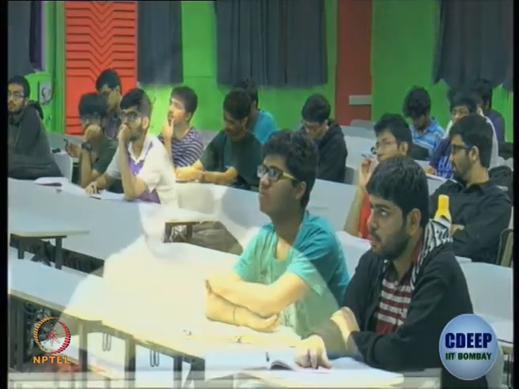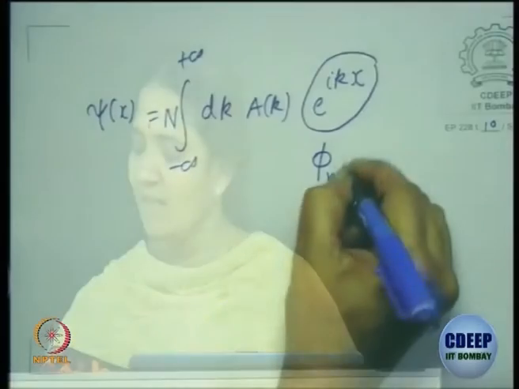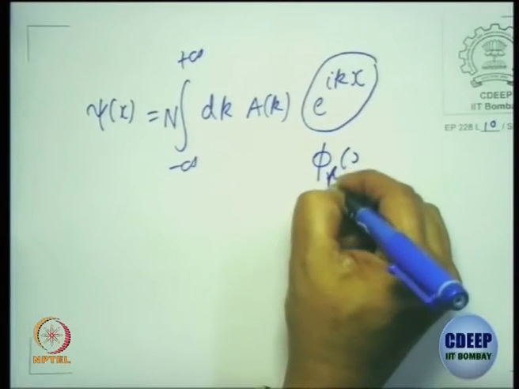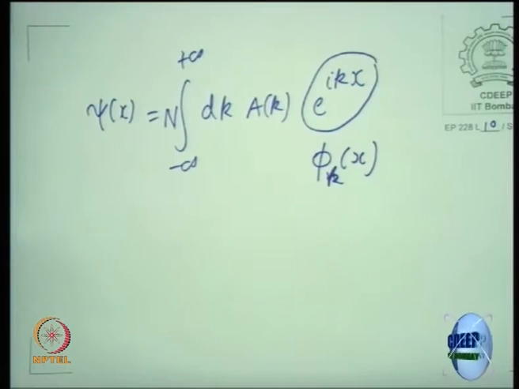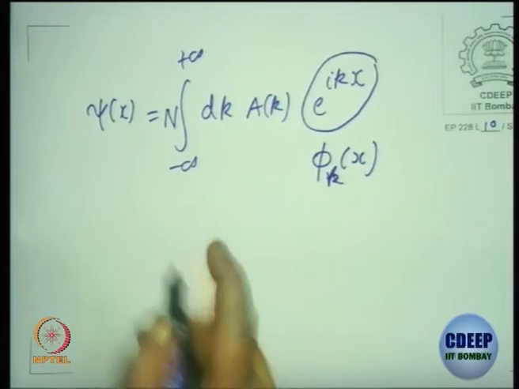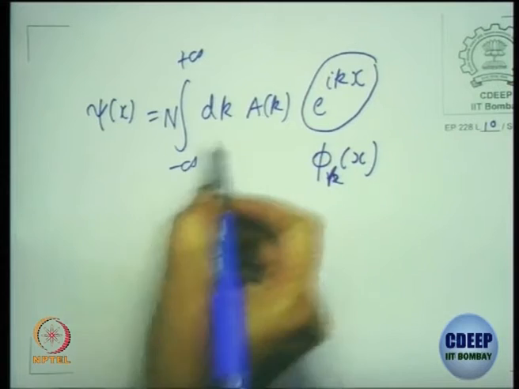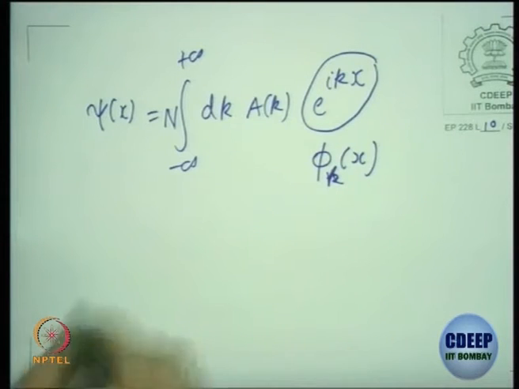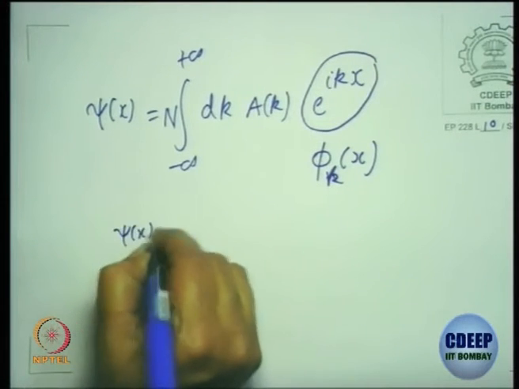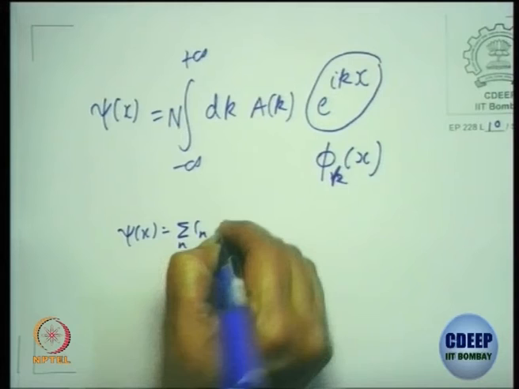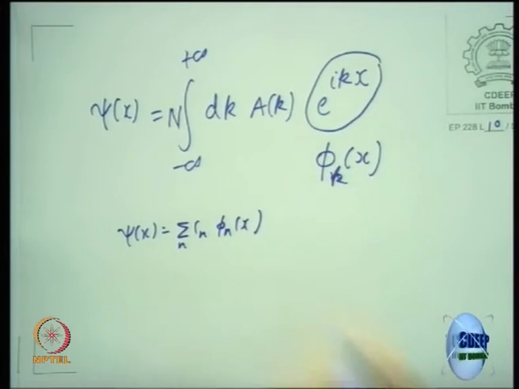So this one I told you, in the function space basis functions, these are like phi n of x or phi k of x. Okay. If it was a discrete sum, suppose you did a discrete sum, how will you find out what is A of k? When we had psi of x as summation over n Cn phi n of x, what did you do?